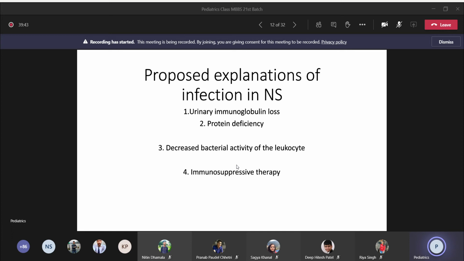Another cause is immunosuppression, so the patient is immunocompromised. The third one is a loss of properdin. The properdin is nothing but a complement which is lost in the urine. And the fourth cause is sluggishness of the macrophages, and it causes the infections.